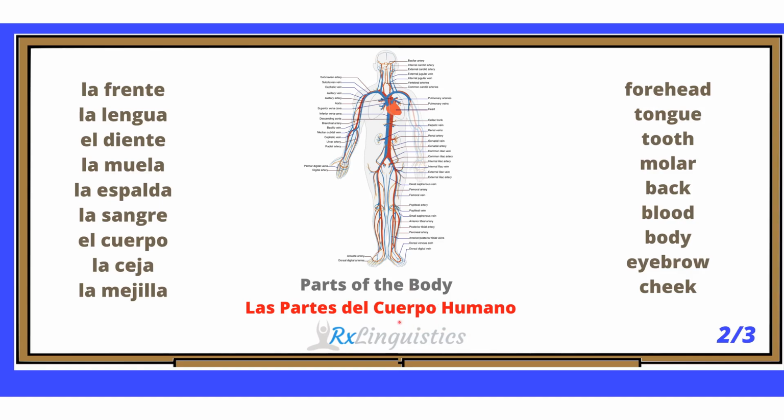Human body is cuerpo humano, and later you'll see a video on adjectives. Normally it's part of the human body, but cuerpo humano in Spanish, you see the place of adjectives is different from the place of adjectives in English. So a descriptive adjective like humano, which is human, comes after the noun, okay? But in English, it will be wrong to say the body human, but in Spanish, it's correct.